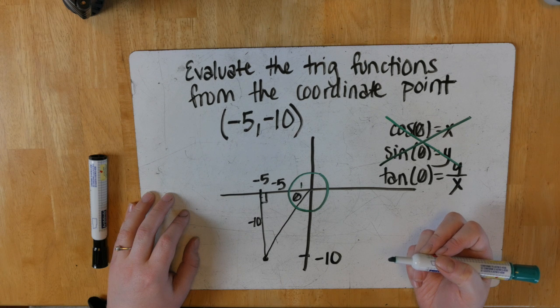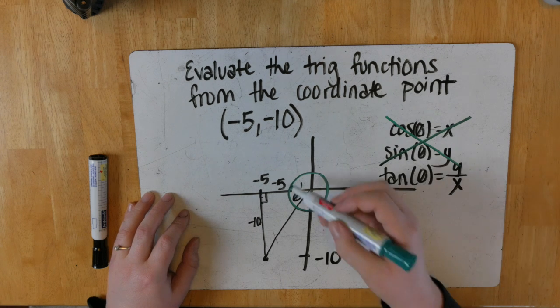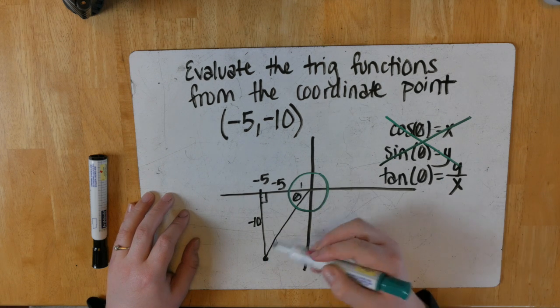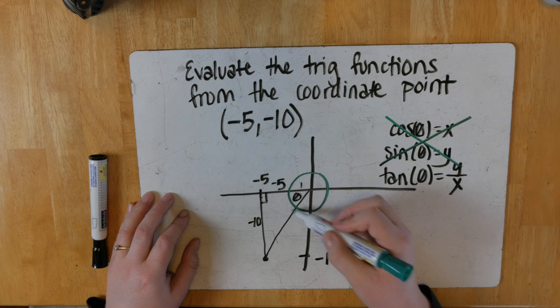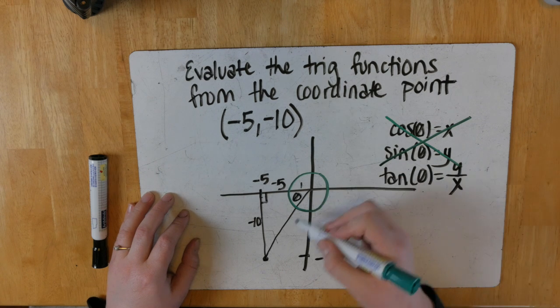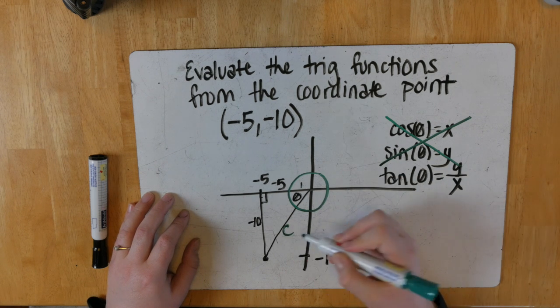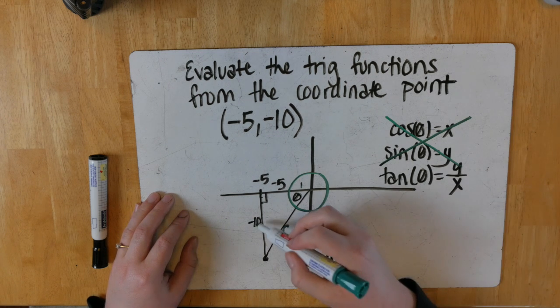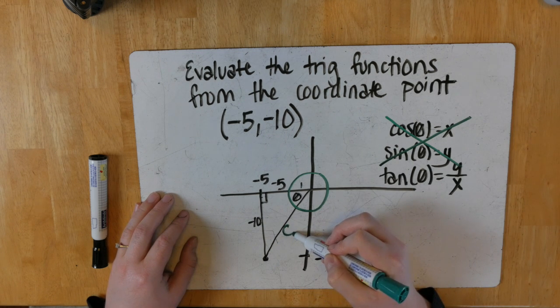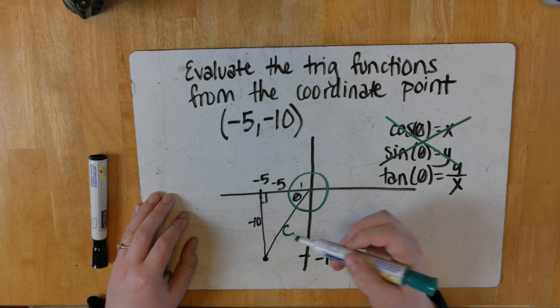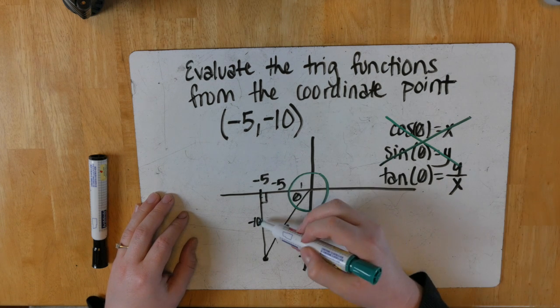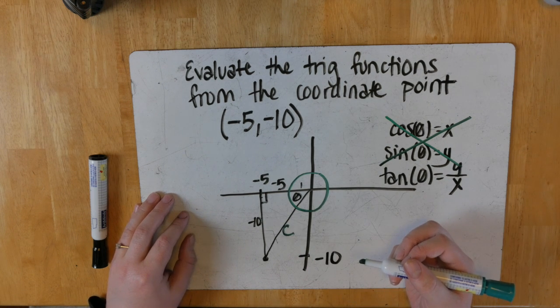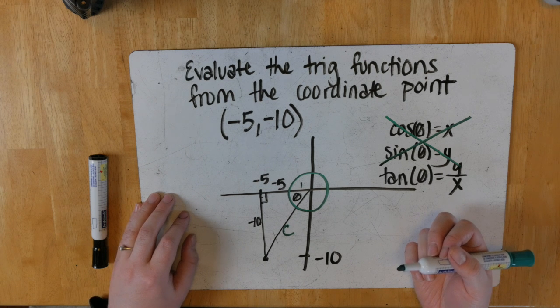Because we know the unit circle has a radius of 1. And so if we're way outside the unit circle radius, way outside the circumference, then our hypotenuse is no longer going to be 1. And that means we are going to divide by it to get the sine and cosine value. And the values of -5 and -10 are going to change because we're not dividing by 1.